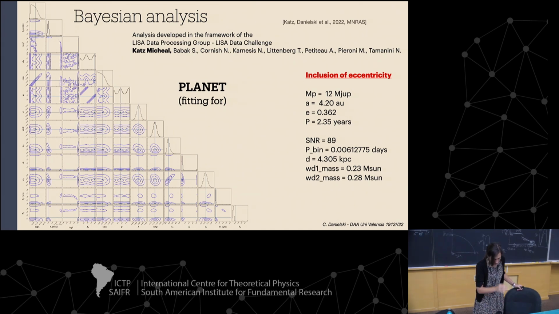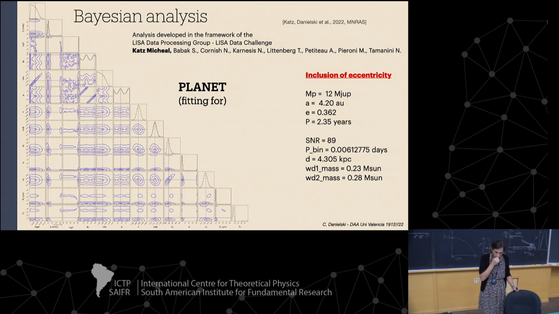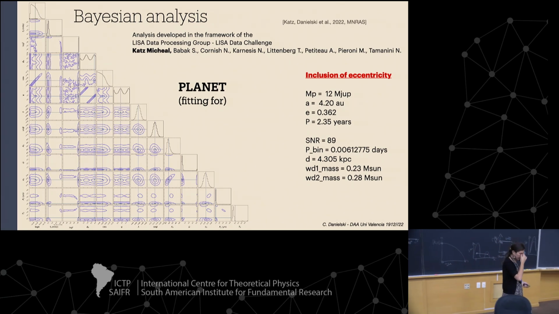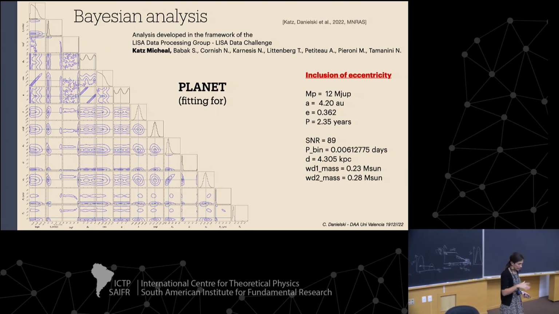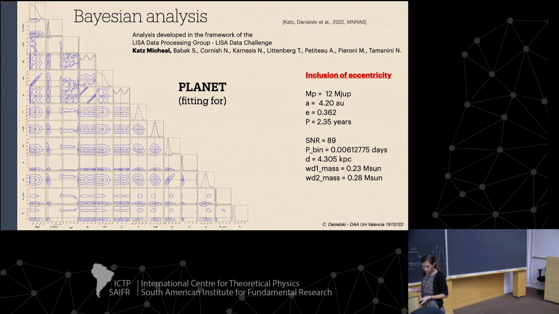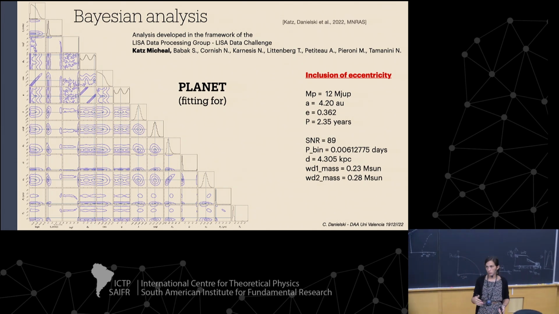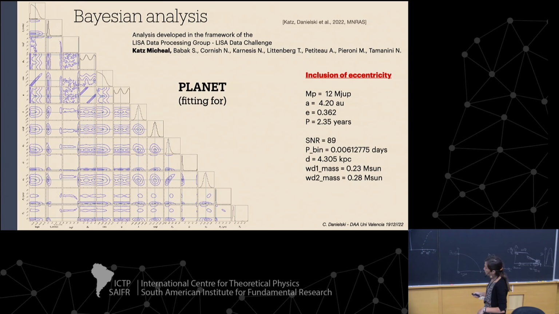We try to see the differences. Okay, I know that's a system with a planet. What happens if I do a Bayesian analysis and I fit for the planet, right? So I know it's there, so I'm going to modulate my gravitational wave, and I will fit for that. So this was one of the simulations for these specific characteristics, and these are the posteriors.